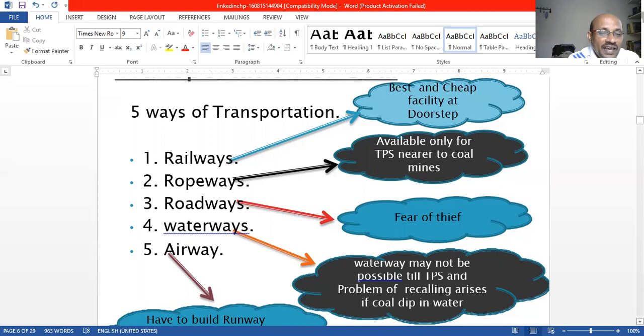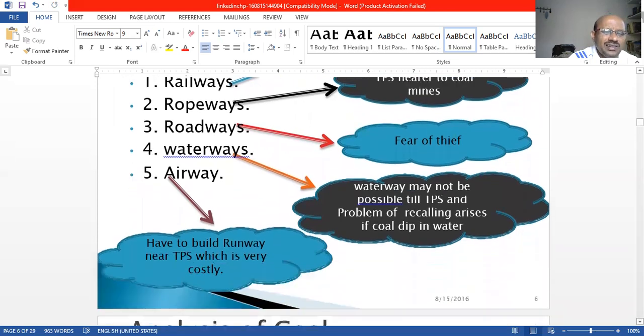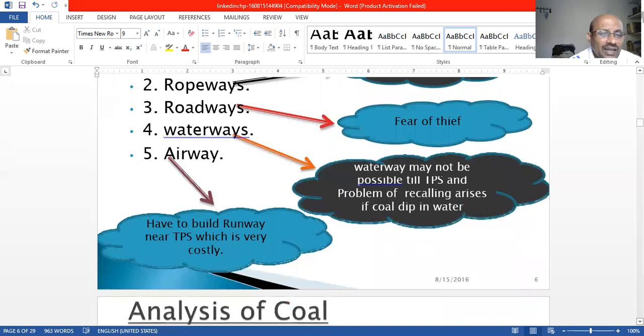Okay, and the airway. Airway, we have to build a runway, and it is very costly. Okay, we cannot prefer this one.